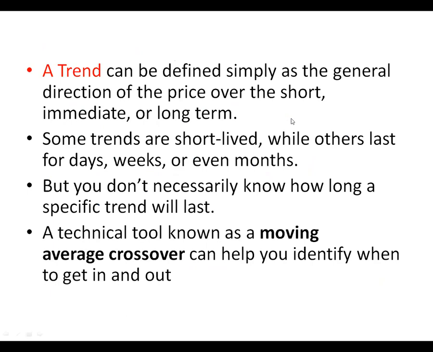Now, let's go straight to the notes and finish this video once and for all. A recap of what a trend is. You remember in the part 43 video, we talked about what a trend is. Let's do that again. A trend can be defined simply as the general direction of the price over the short, immediate, or long term.